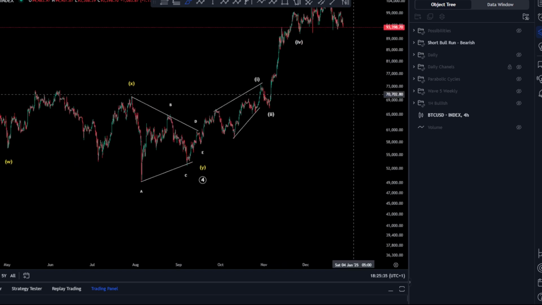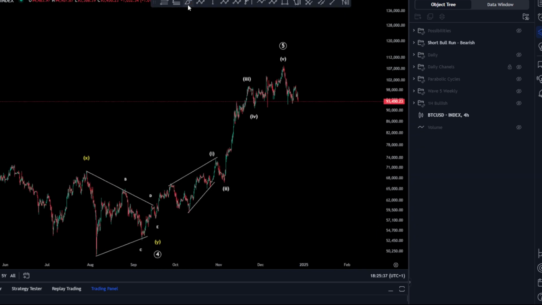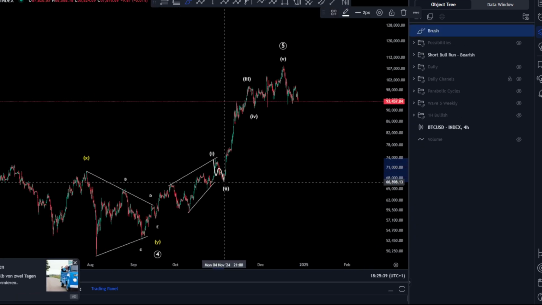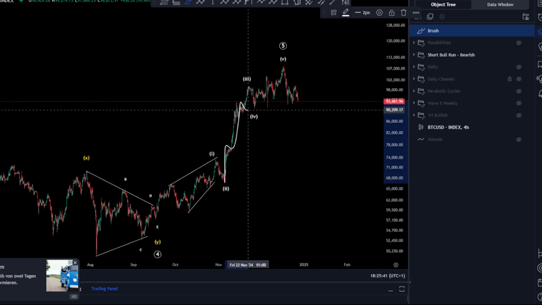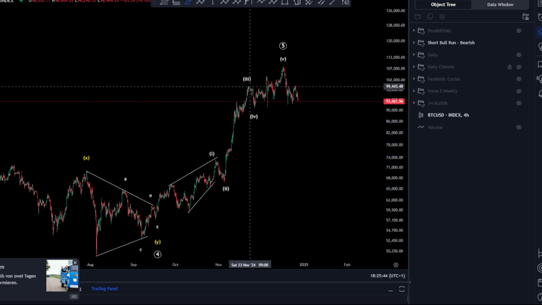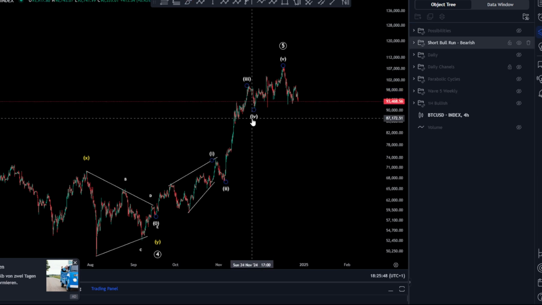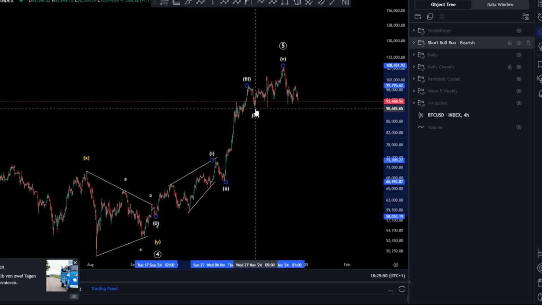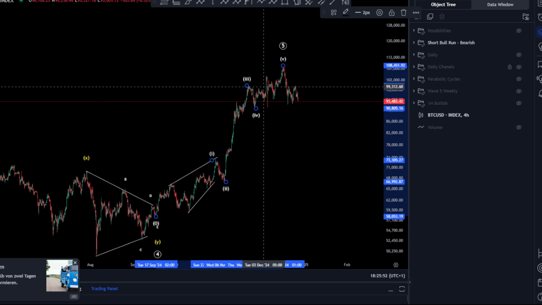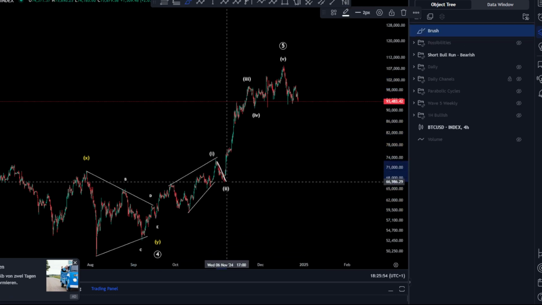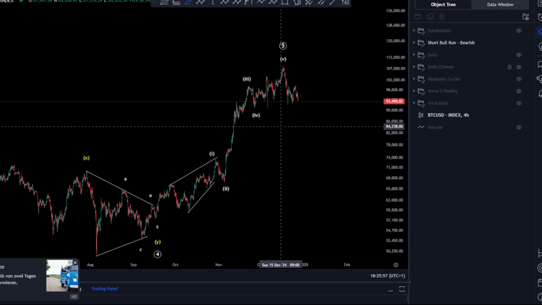a leading diagonal actually for a wave 1, and after this having a wave 2 ABC, then 1, 2, 3, 4, 5 for your wave 3, and then A, B, and a C probably finished here for your wave 4, or even, probably your wave 4 can even be finished here based on your wave 2. This is totally fine, it is almost the same time.